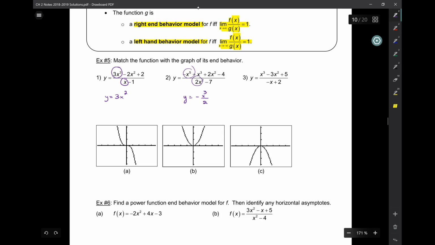Or it's negative half x squared. Should we write it that way? X cubed. This will simplify to negative x squared. So now, of these three, which one models number 1, A, B, or C? B. What about 2? A. What about that one? C. Okay.